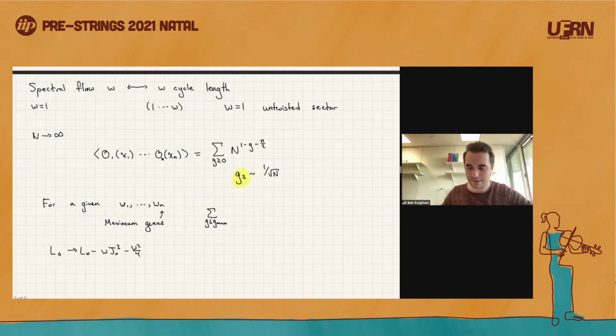So I don't think this has anything to do with topological twisting, but it does look suggestive.